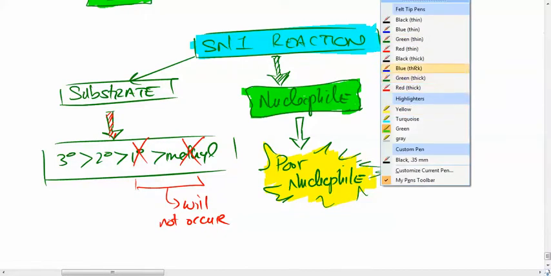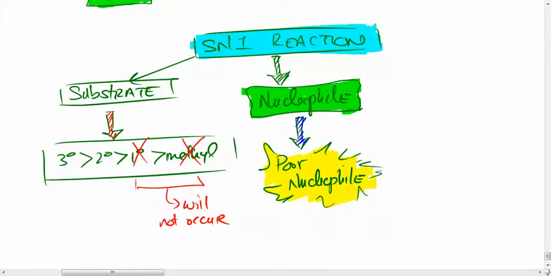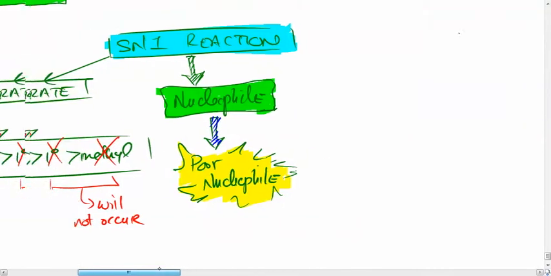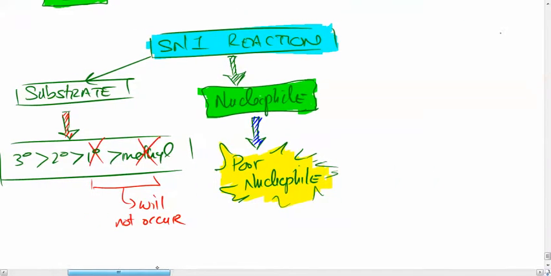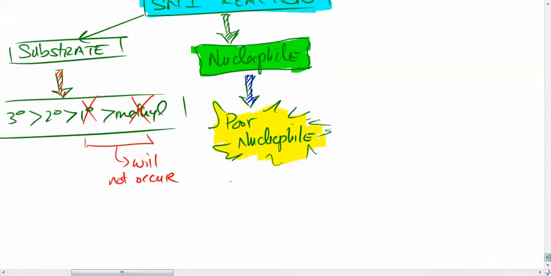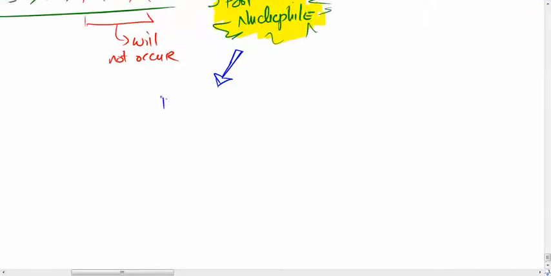So we want a poor nucleophile for the most part. It doesn't really matter, but we're generally going to see SN1 when we have a poor nucleophile, right? And a poor nucleophile in most cases would be something that does not have a charge on it.